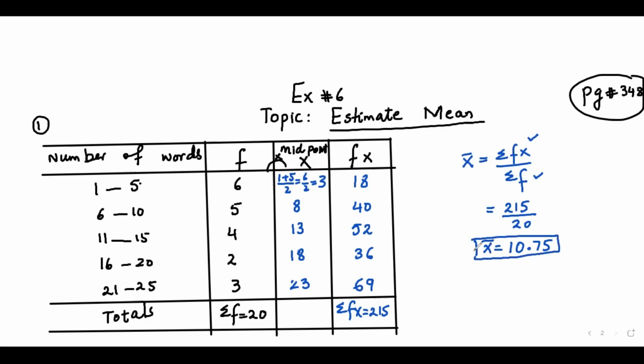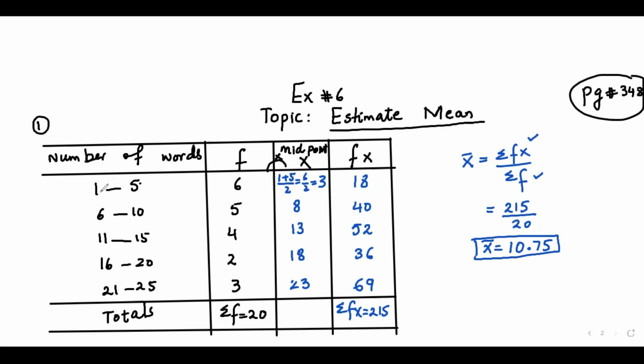What is the difference between the mean and the estimated mean? When we have simple data and we are finding the simple mean, we have the exact values of x, and then the frequency. But what happens when ranges of values are given to us? It means we are not sure which value is coming how many times.